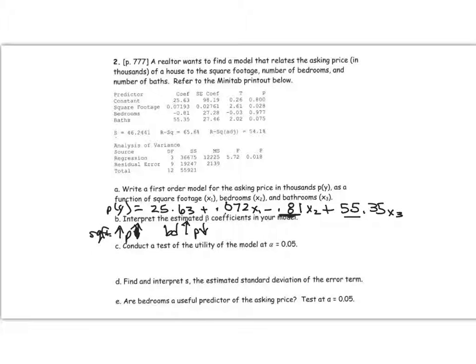And then the third one, as the number of bathrooms goes up, the price goes up. Well, if we think back to the first slide where I said you have to use your common sense, it doesn't make any sense that if the number of bedrooms goes up, the price goes down. So I'm thinking there's something fishy with this one.